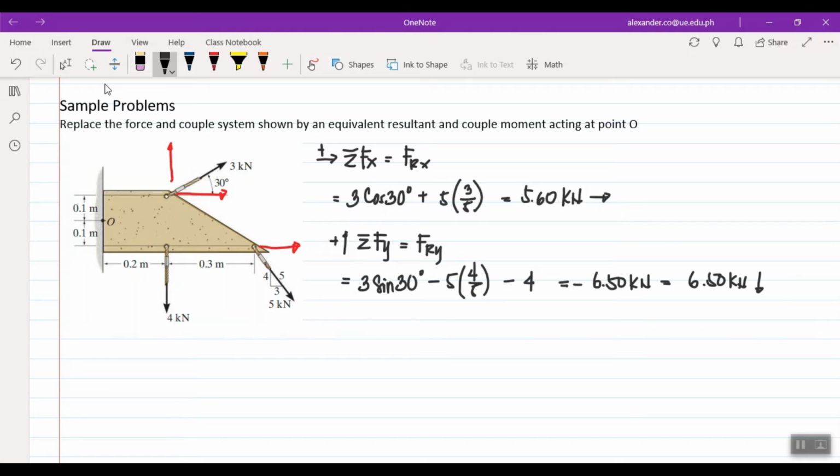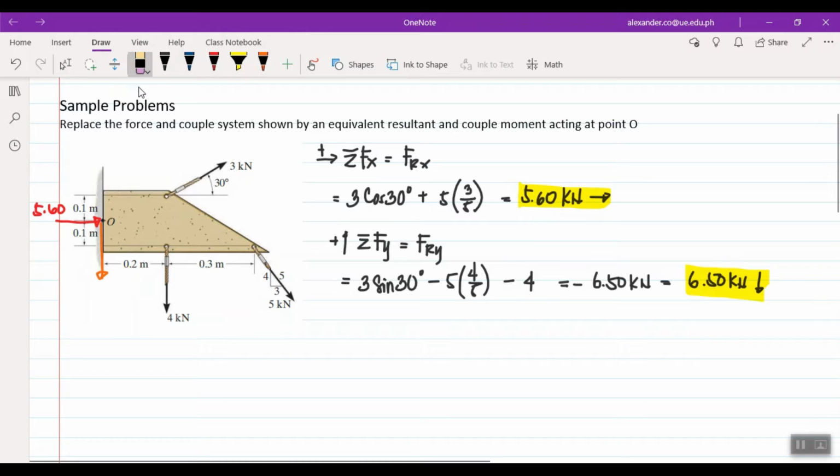So, meaning to say, for now, let me erase this. It means the resultant of all the x components, we will place here acting at point O. So here, it now has this direction. This is 5.6, and it has 6.5 here. We will just place that at point O. For now. Actually, not for now, that is where we really will place it, in the direction of negative.